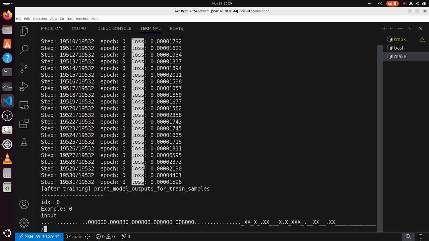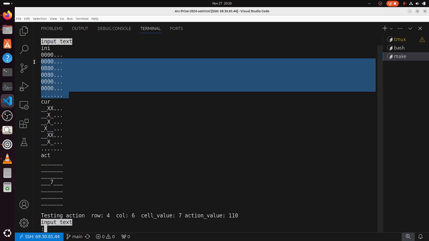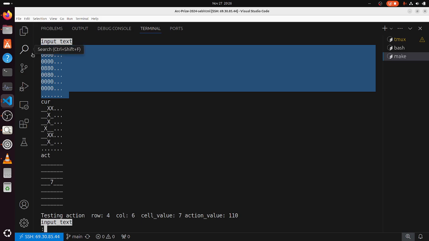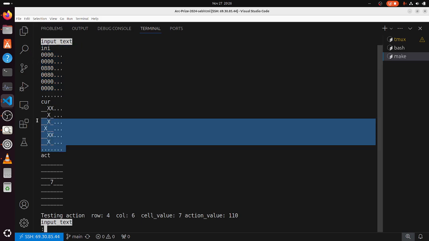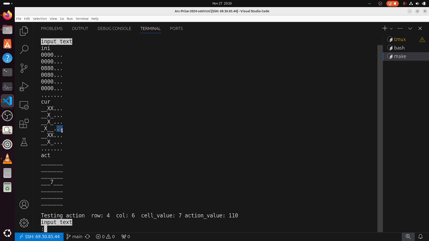The input of my model looks like that. There are 3 parts in the context: the initial problem, and the current state with masking. The dots here mean that it's outside of the board.